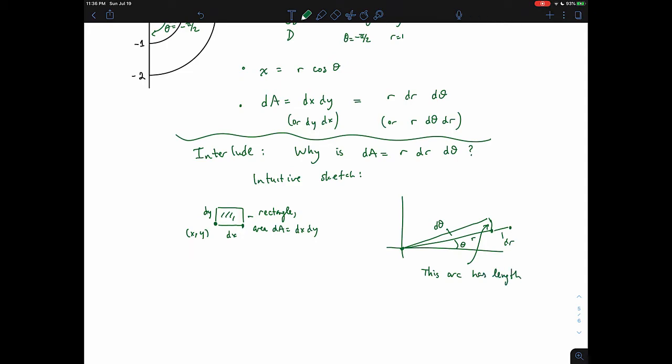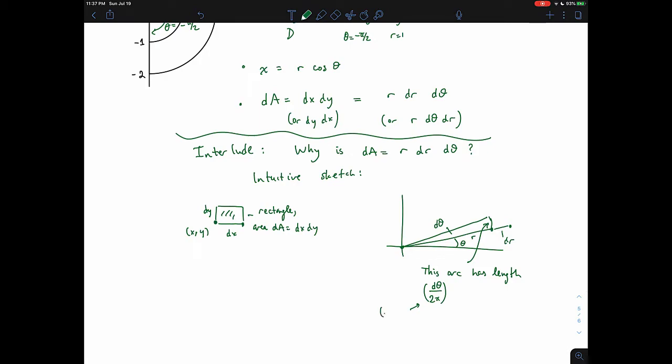Well, it's d theta out of 2 pi of a whole circle, if we use radians. And the whole circle of radius r has circumference 2 pi r. So r d theta is the length of that arc.